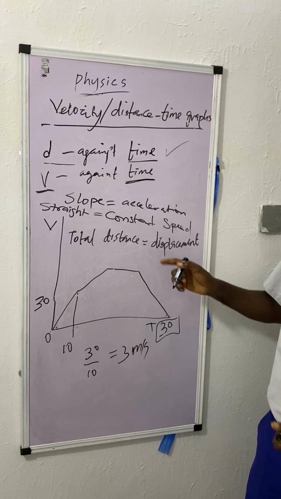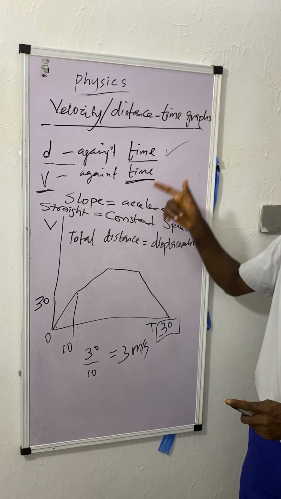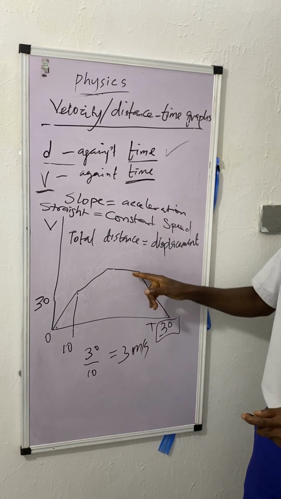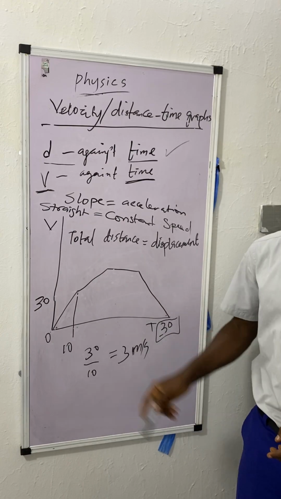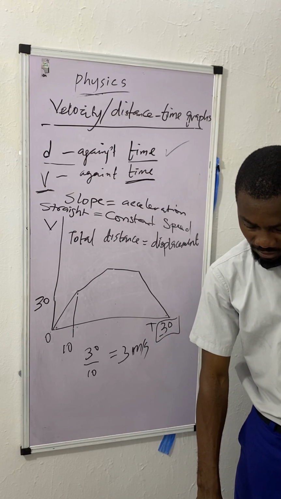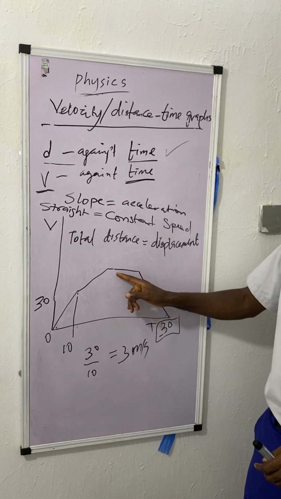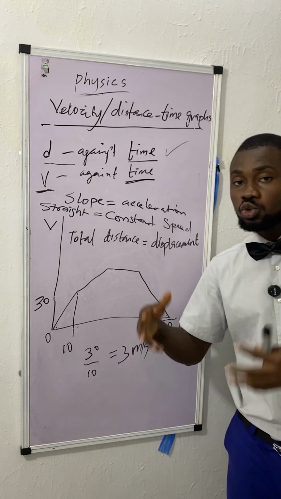Remember, in the distance time graph, the straight line is the constant speed, or the uniform speed. But for the velocity time graph, this slope is the acceleration. All right. Then anywhere you just see a straight line, just know it's constant speed, or it can also be called uniform speed.